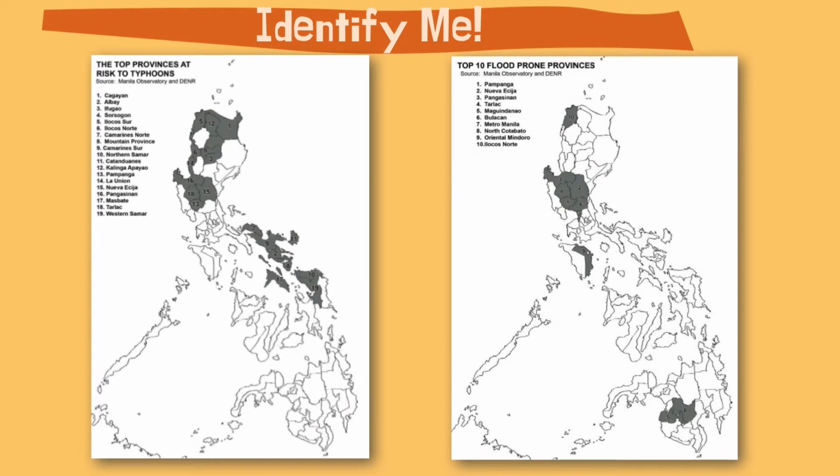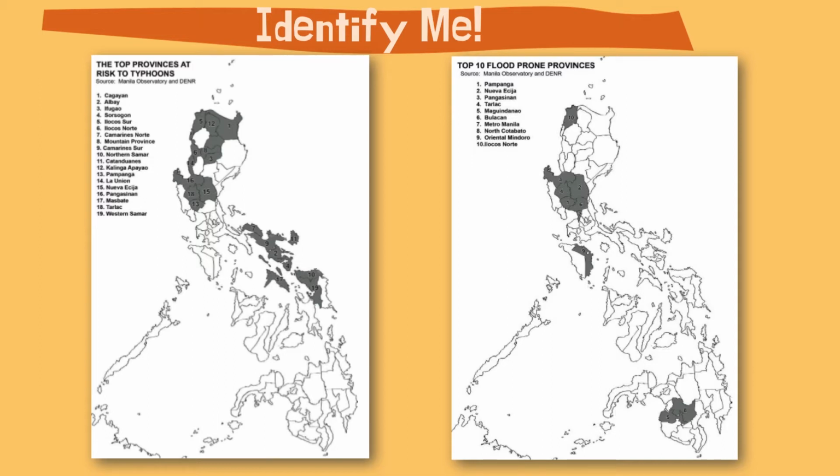According to the hazard map, the top provinces at risk to typhoons are Cagayan, Albay, Ifugao, Sorsogon, Ilocos Sur, Ilocos Norte, Camarines Norte, Mountain Province, Camarines Sur, Northern Samar, Catanduanes, Kalinga, Pampanga, La Union, Nueva Ecija, Pangasinan, Masbate, Tarlac, and Western Samar.